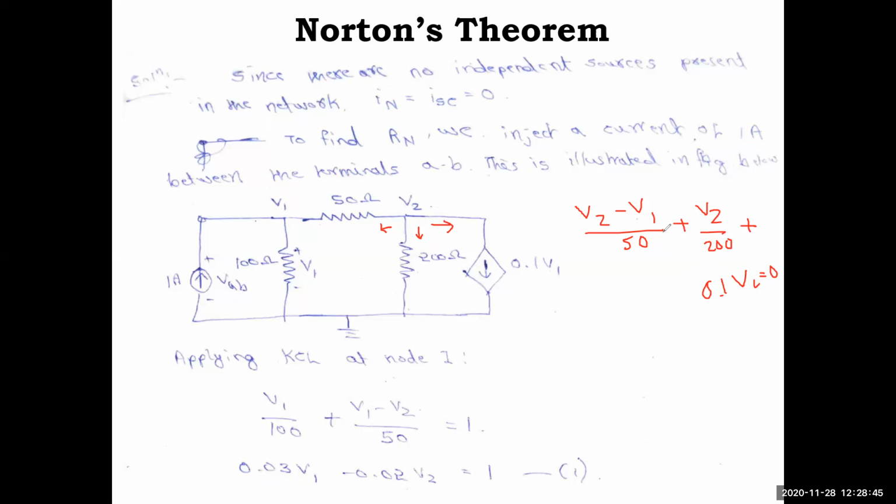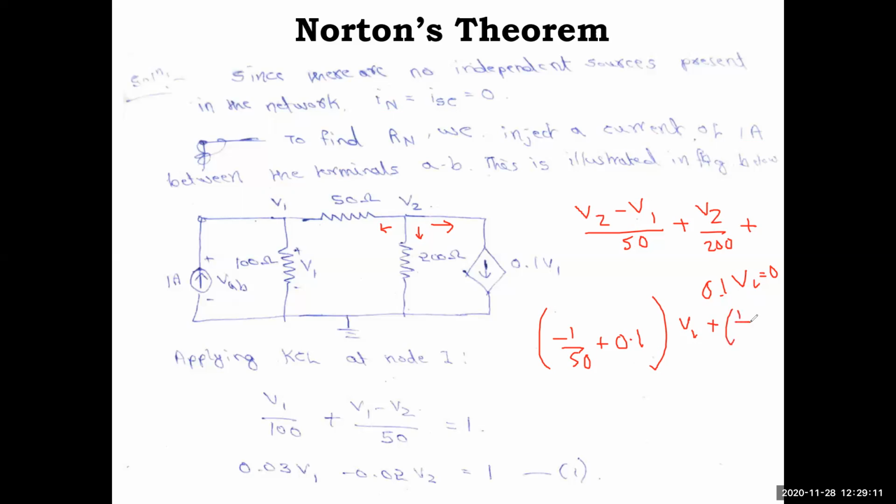Now simplify this. For V1 you have minus 1 by 50 plus 0.1. Group this 0.1 V1, take the LCM and solve it, or take the calculator and do it. And then for V2 you have 1 by 50 and 1 by 200.